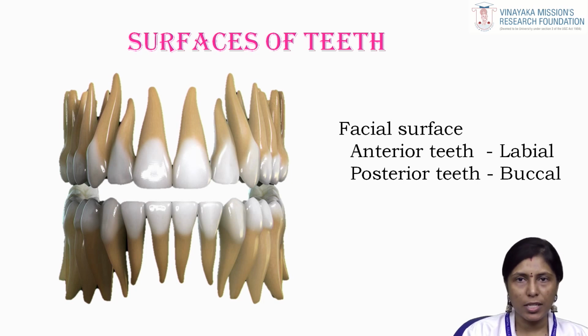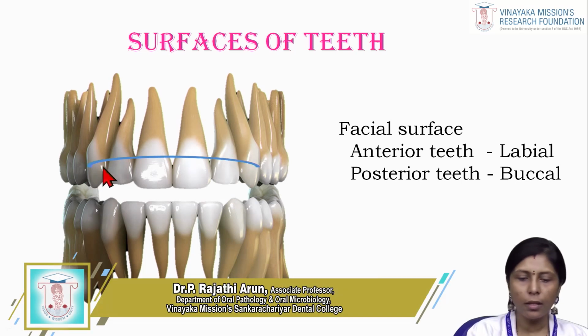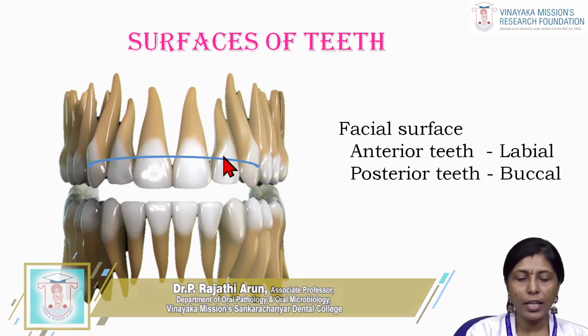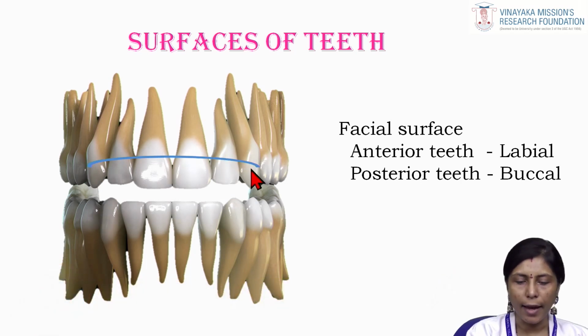Likewise, for the posterior teeth, the surface that is to be on the facial surface, you call it as buccal surface. In case of anterior teeth, the facial surface is labial surface, whereas in case of posterior teeth, it is buccal surface. Here you can see the labial surface of the anteriors, incisors and canine. For anterior teeth, you call it as labial surface. So, for the posterior teeth, you call it as buccal surface.